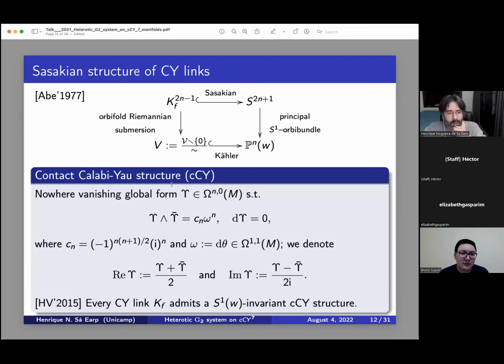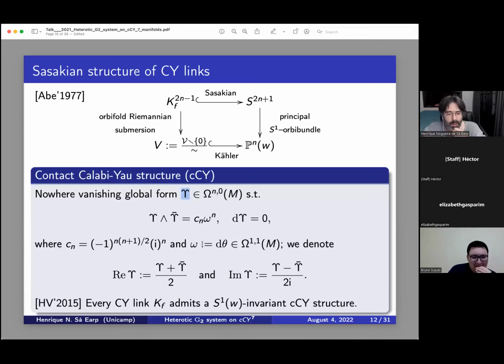And therefore, we're inclined to call these manifolds contact Calabi-Yaus, meaning contact manifolds with a transverse Calabi-Yau structure. So we have a transverse degree in terms of basic Dolbeault language. In particular, we have a transverse analog of a holomorphic volume form, which behaves just the same in the transverse directions.